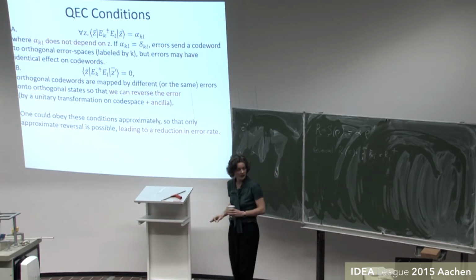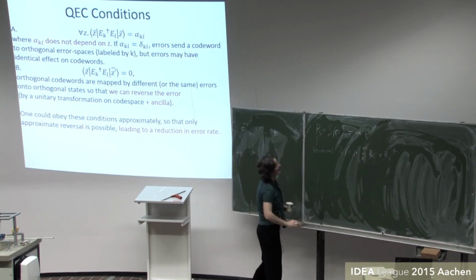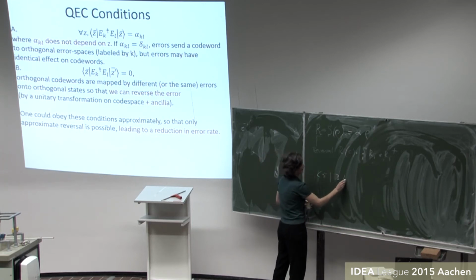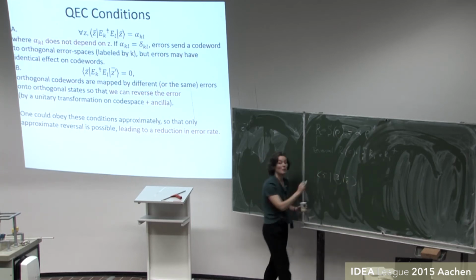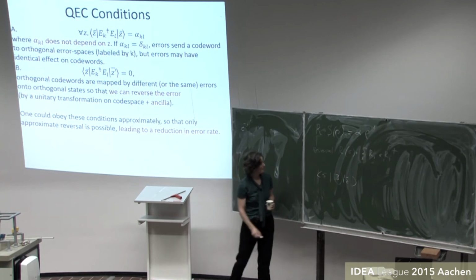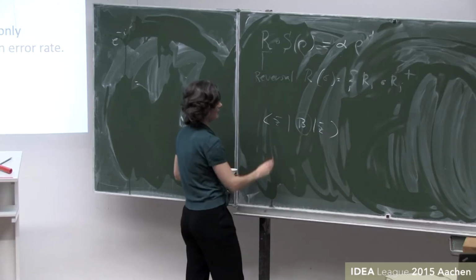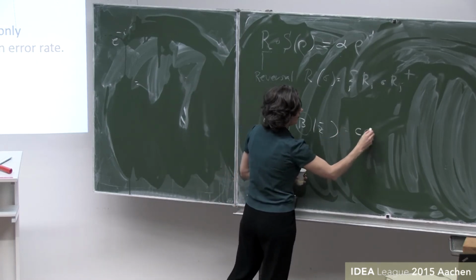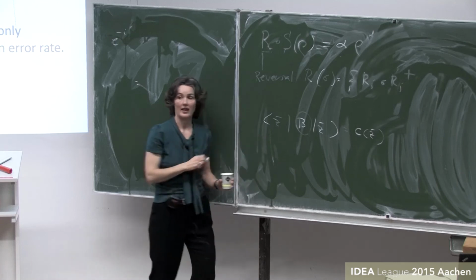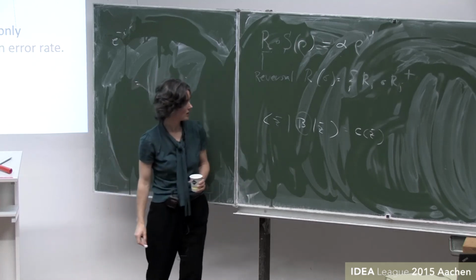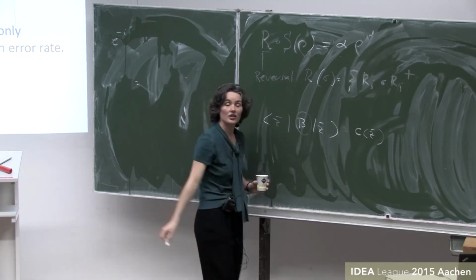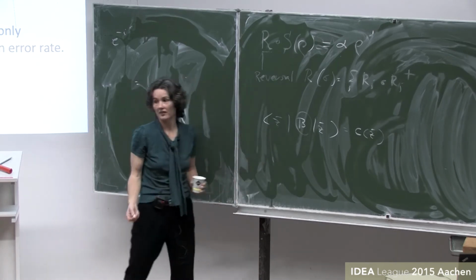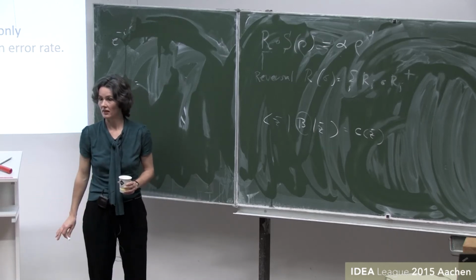But let's look at this condition A. Let's imagine that the environment was measuring some observable B, by which the expectation value with respect to these code words was some constant that depends on which code word I had. Then the environment learned something about which code word I had, whether I had a 0 or a 1. Then I cannot reverse the error.